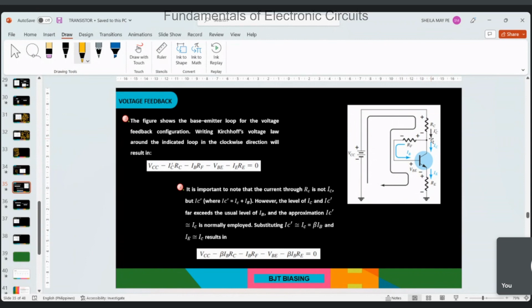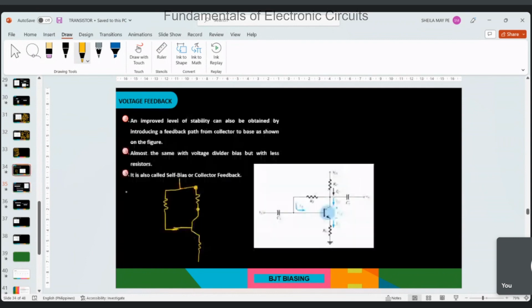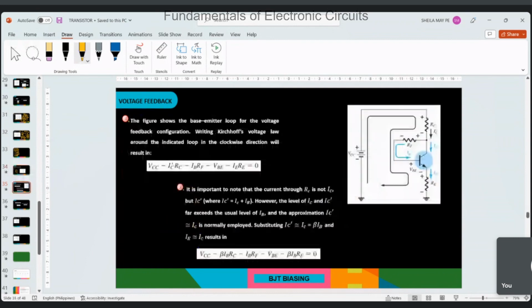However, the level of IC and IC bar far exceeds the usual level of our IB. And the approximation IC bar equals IC is normally employed. Why? Even though it is IC bar, IC bar is IC plus IB, but IB is almost negligible because it has a very, very small value, in microamps.